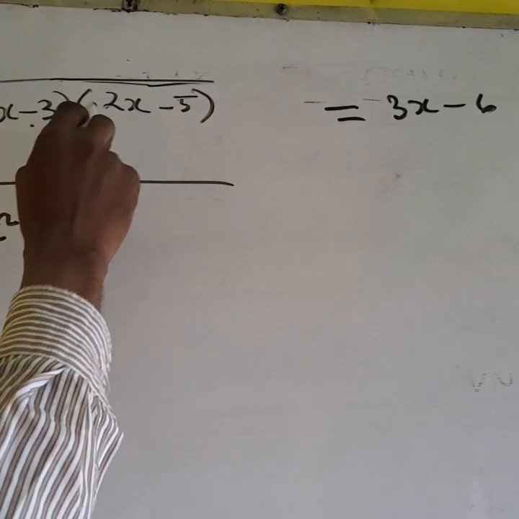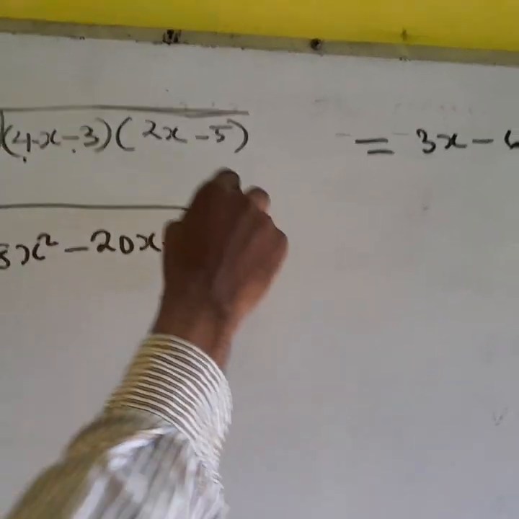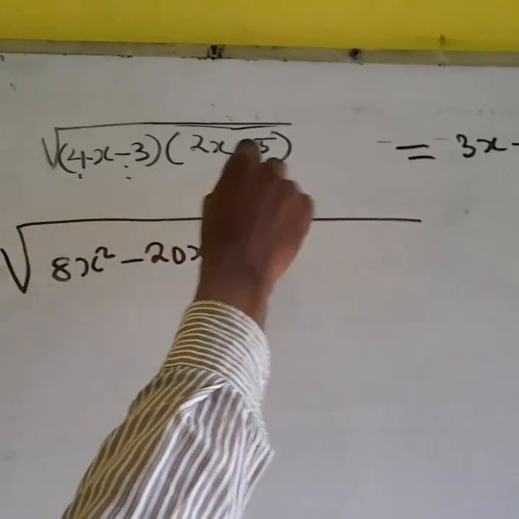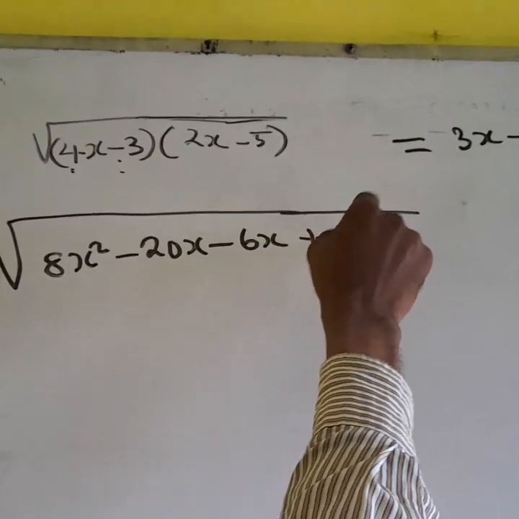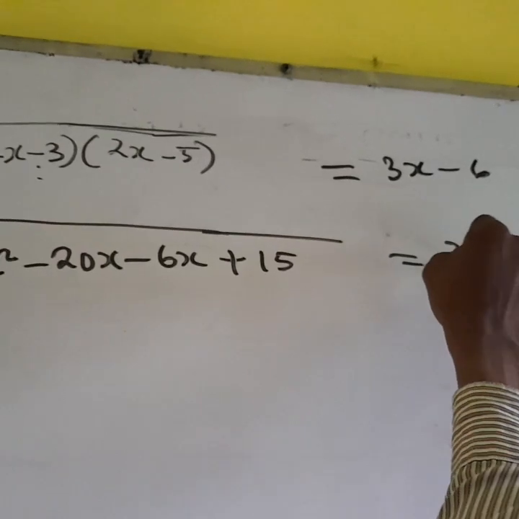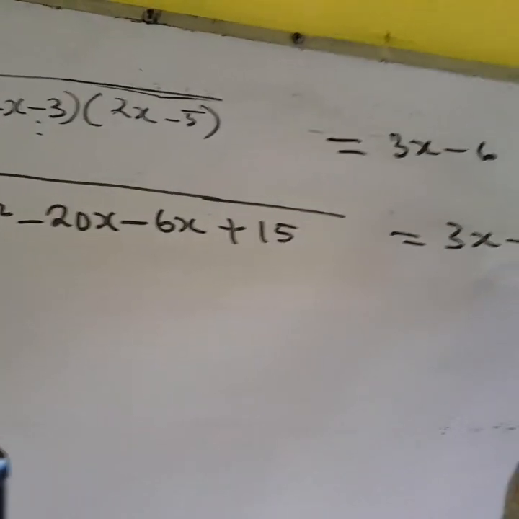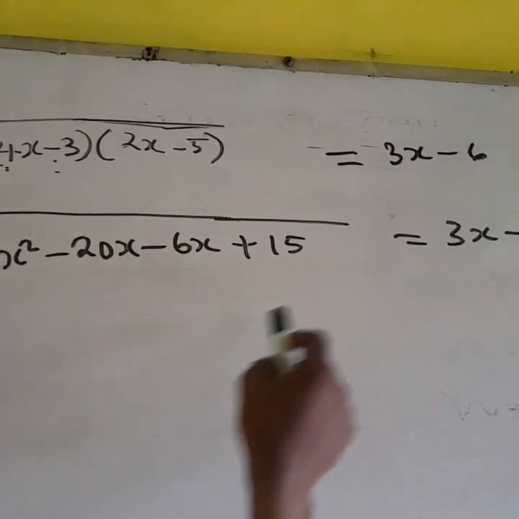Minus 3 times 2x gives minus 6x. Minus 3 times minus 5 gives plus 15, equal to 3x minus 6.